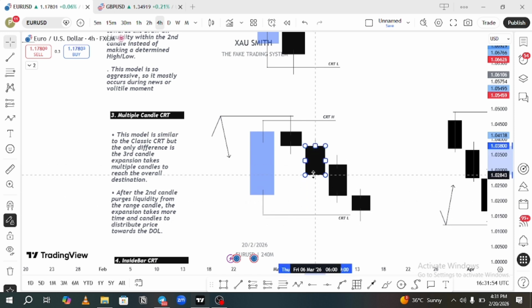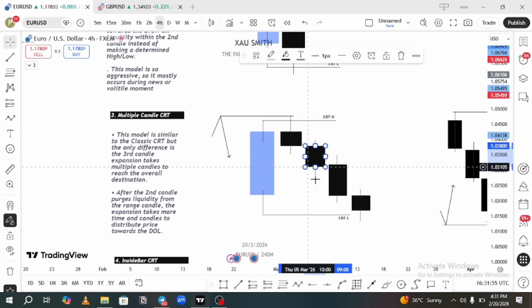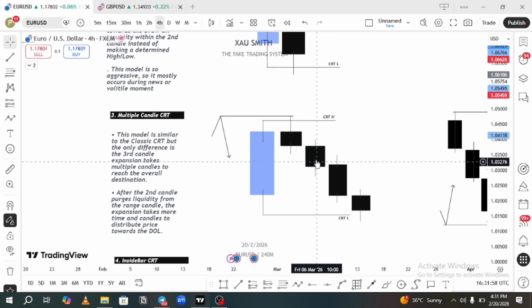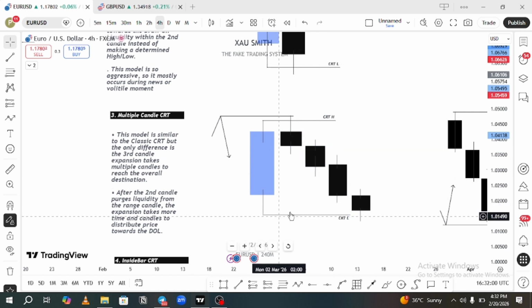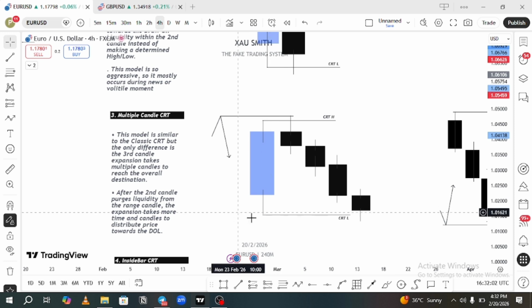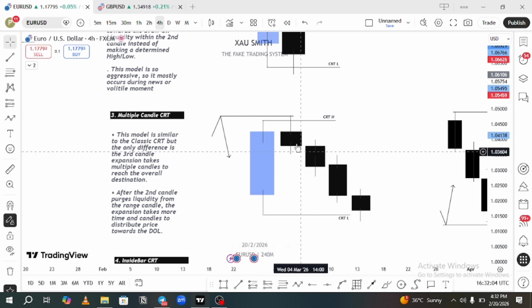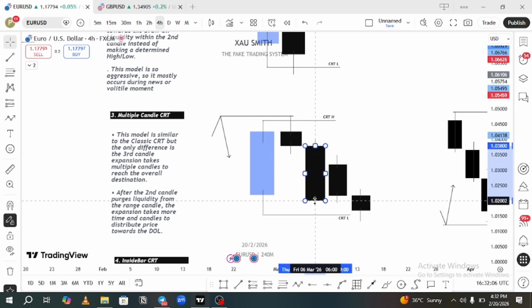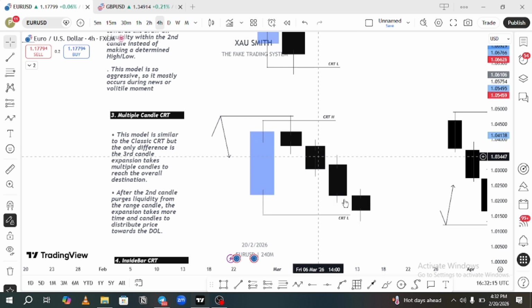But this is a multiple type of CRT, so usually you see that it will take more candles for it to reach the drawn liquidity here, right? It's not going to just be a third candle that is going straight to take out your drawn liquidity, but it's going to be a series of candles that are going to move downwardly, right?